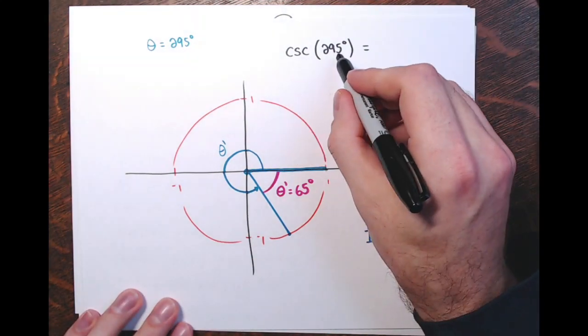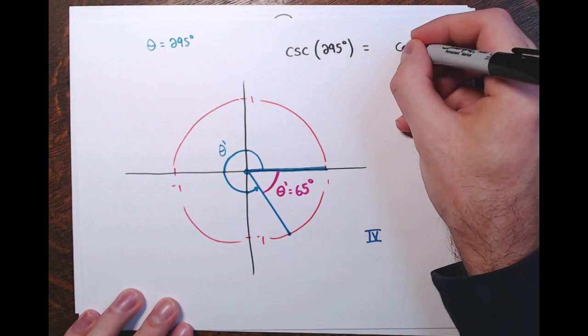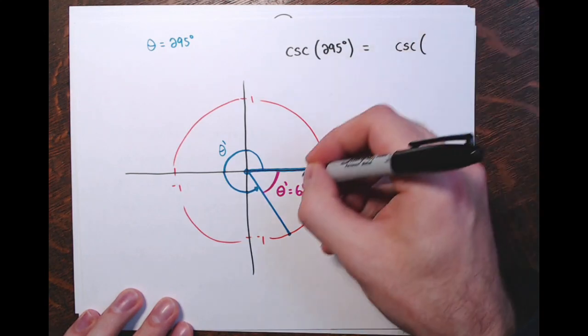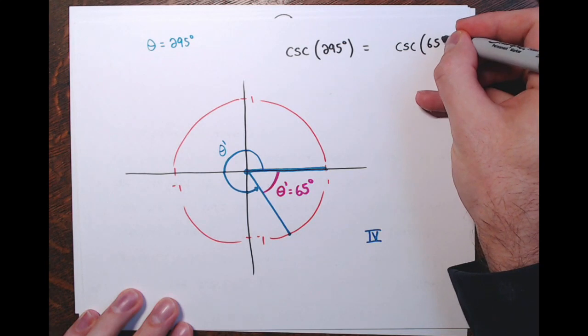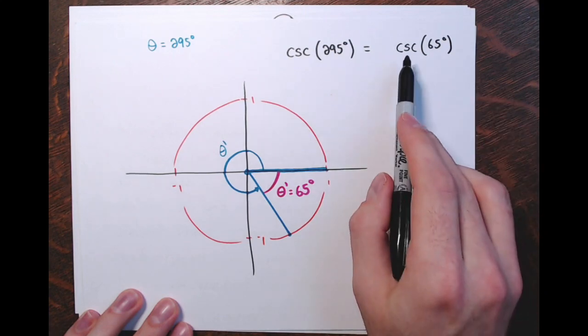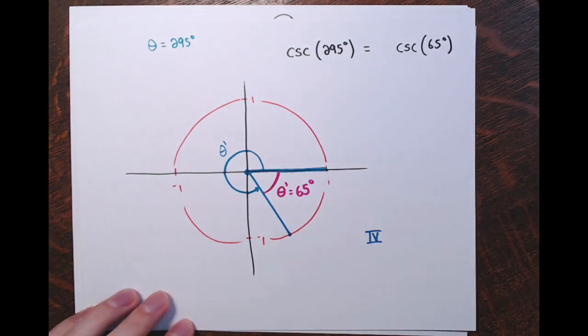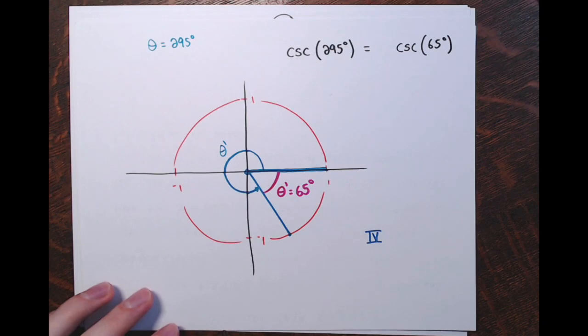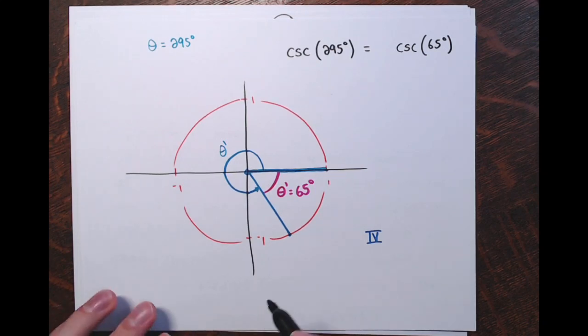All right, so the cosecant of 295 will be the cosecant of the reference angle, right, 65 degrees. And now we just have to think, is this positive or negative? Now remember, cosecant is the reciprocal of sine, and sine is related to y coordinates.